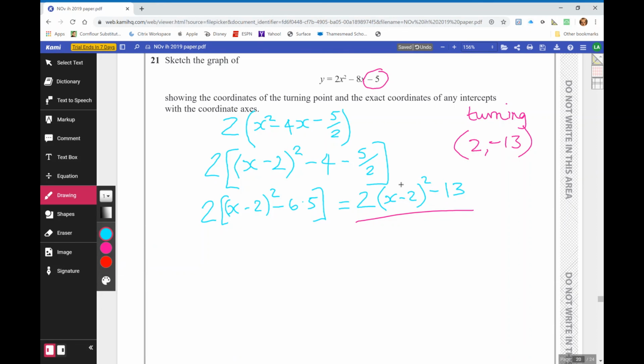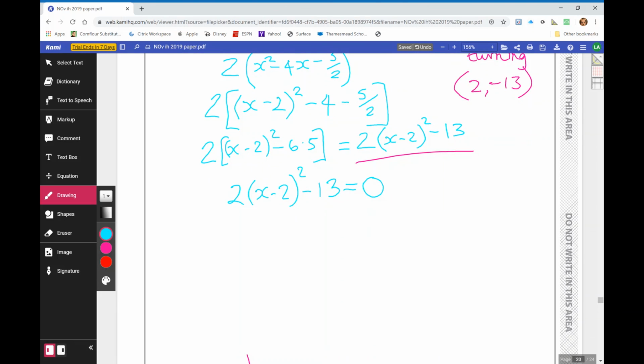So I'll just rewrite it out here. And to solve this function, when it goes through the x-axis, y is equal to 0, and that's all that means. So now you're solving it for y when it's 0, so what is x?